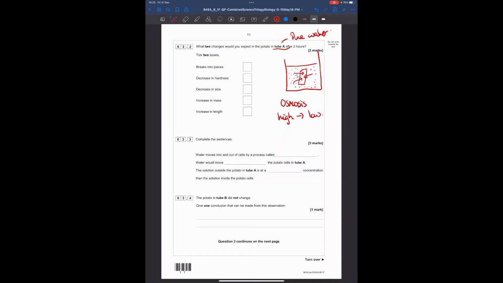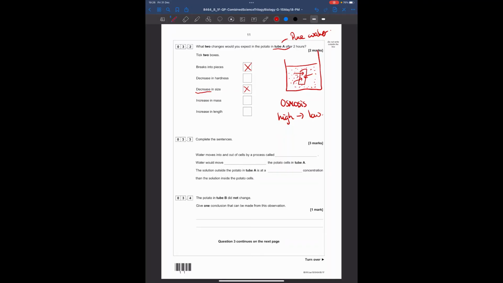Now, if I've got water flowing into my potato, we can think about what's going to happen to it. Would it break into pieces? No, just because water's moving into it doesn't mean it will break into smaller pieces. Decrease in hardness? Well, let's see what other options there are first. Decrease in size? Well, it's not going to be that because we've got water flowing into it.